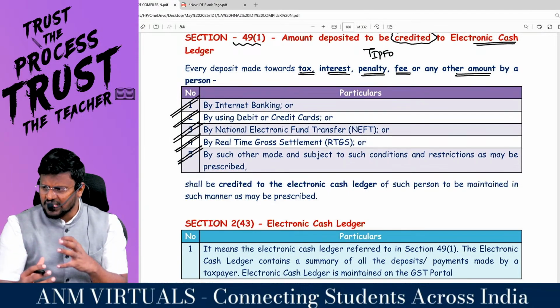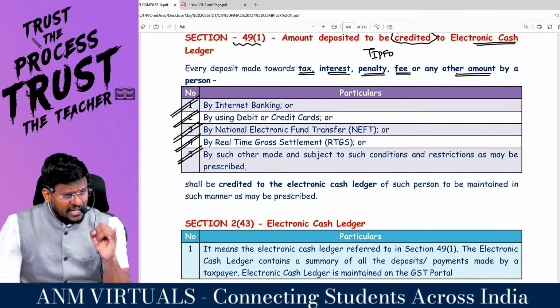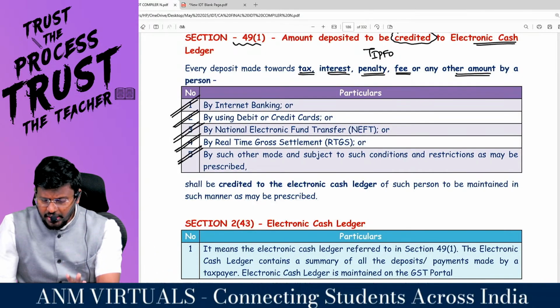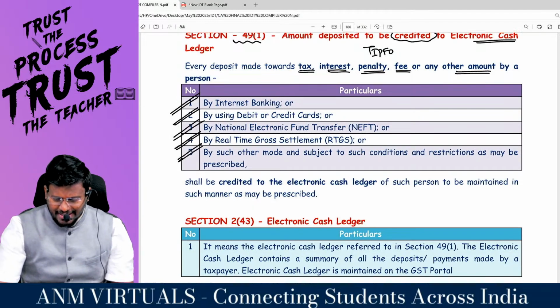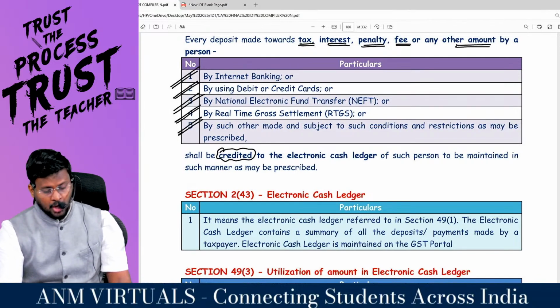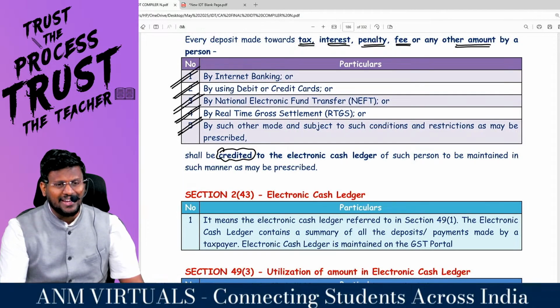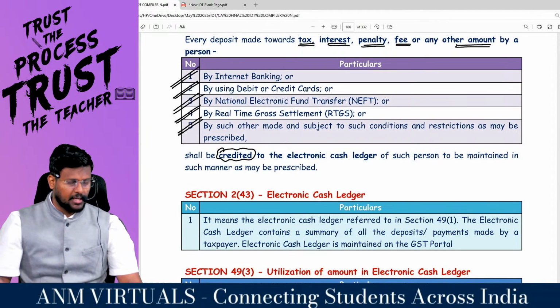By these modes I can make the payment for tax, interest, penalty, fees or any other amount. The payment shall be credited to the electronic cash ledger of such person, to be maintained in such manner as may be prescribed.